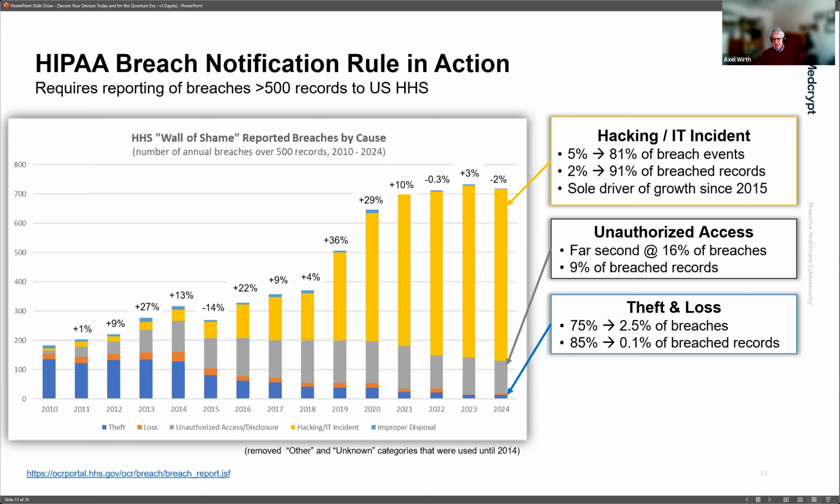What is interesting, though, is that the overall picture has changed. Back in the early years, we had theft and loss of devices, laptops, other equipment, external hard disks, you name it, as the highest category. That has been almost driven down to nothing.